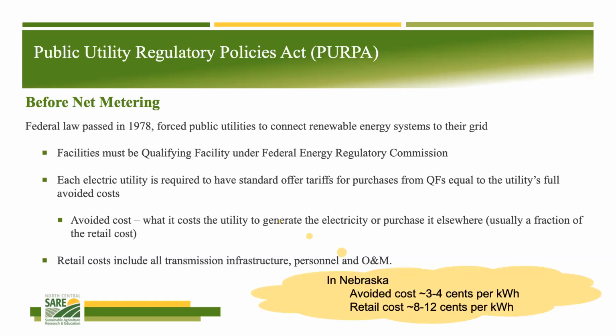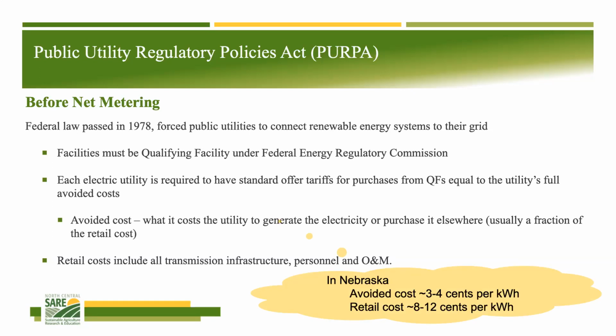Here's an example from Nebraska, and I think this is from last year, so these numbers may have changed a bit. Where John's sitting, avoided cost would range 3 to 4 cents per kilowatt hour, whereas retail would be 8 to 12.